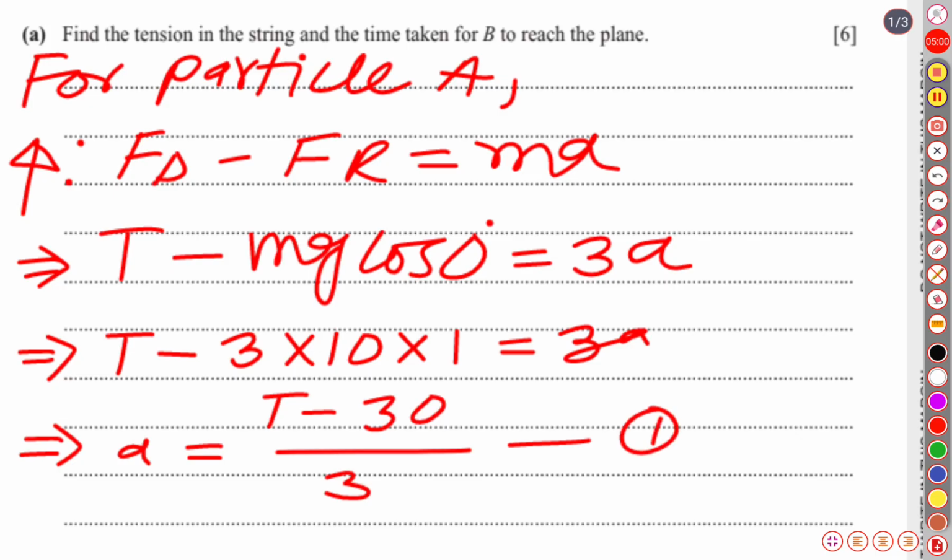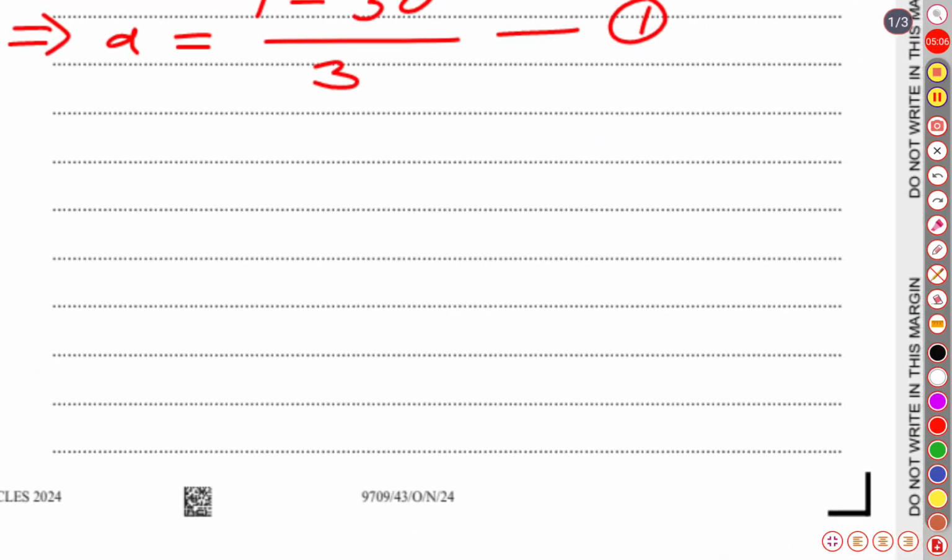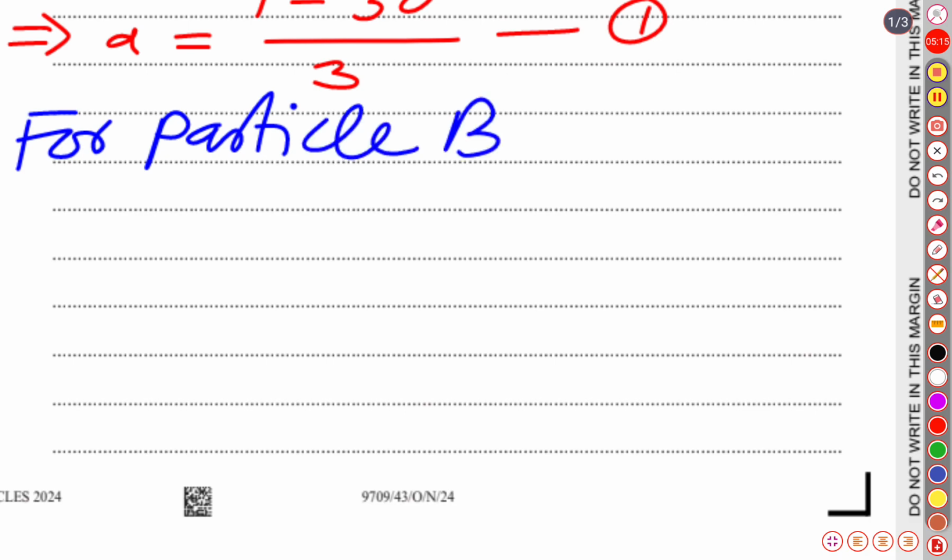Then for particle B, particle B will move downward, and the concept we are going to apply is the same.